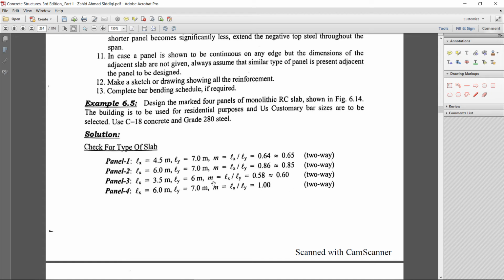So in the third case we got an m value of 0.58, and the nearest available value is 0.6. For panel 4, the shorter span is 6 meter and the longer span is 7 meter. The m value is Lx over Ly, so the answer is 0.98 something, and that's why it is approximated to 1.